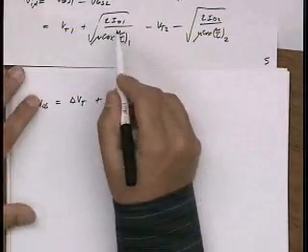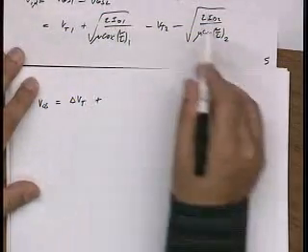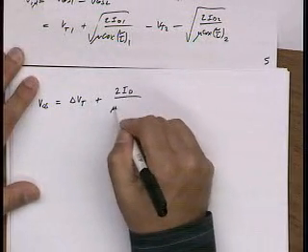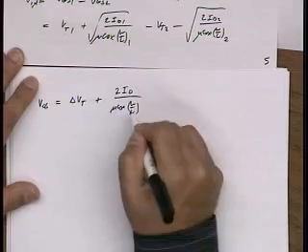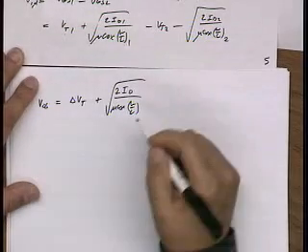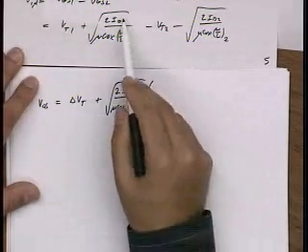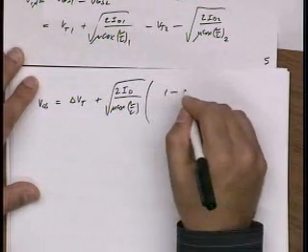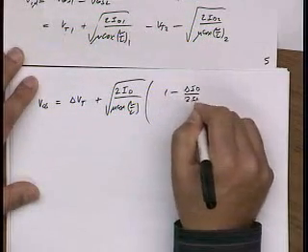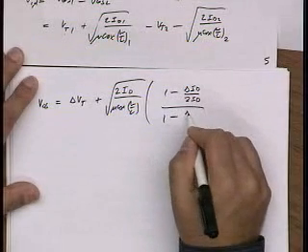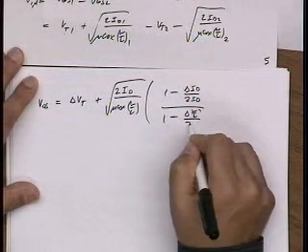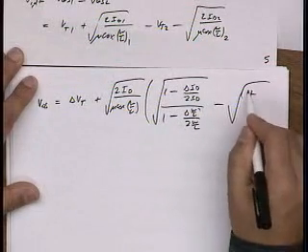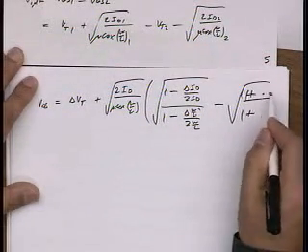Then I'm going to basically factor out the average overdrive voltage, so that's the square root of 2ID over mu C ox W over L. And then in the parentheses, I'll have the deviations from average. So here I would have 1 minus delta ID over 2ID, 1 minus delta W over L over 2 W over L, minus 1 plus, 1 plus.